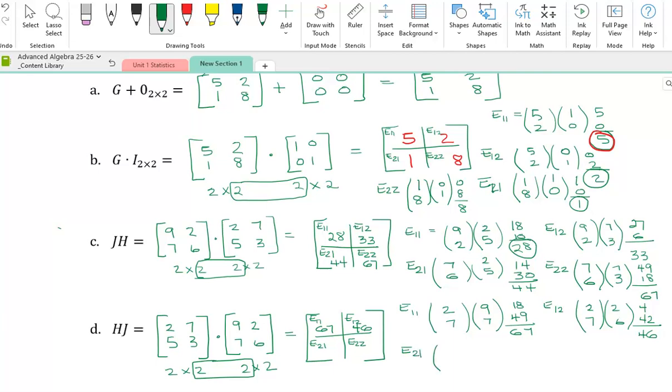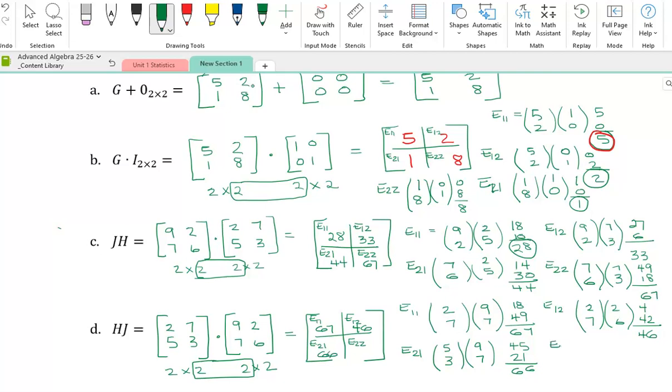Row 2 is 5, 3. Column 1 is 9, 7. So 5 times 9 is 45. 3 times 7 is 21. Ooh, we have totally different numbers. Oh, that should be a 66. 45 plus 21 is 66. That goes here.